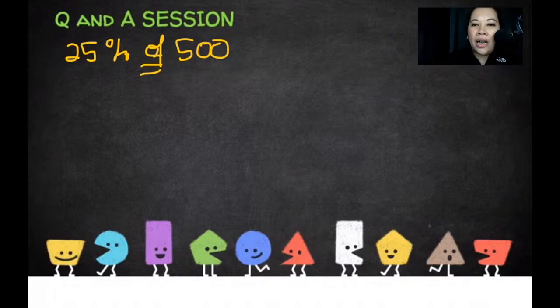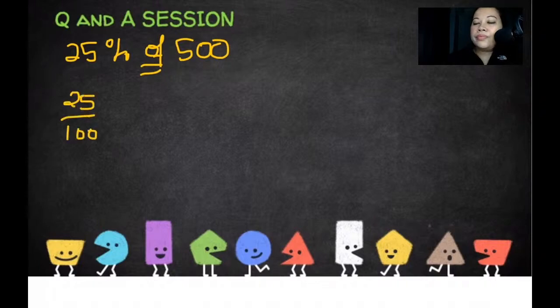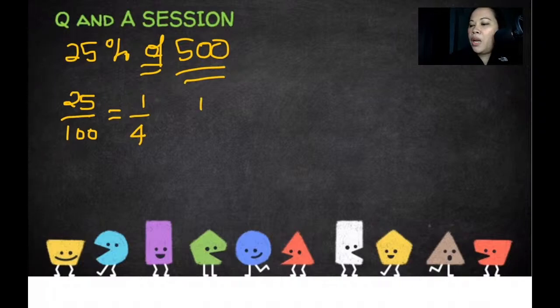First, you can change 25% to fraction form: 25/100, which is 1/4, because there are 4 25s in 100. Then you multiply 500 by 1/4, because "of" means multiplication. So 1/4 times 500.